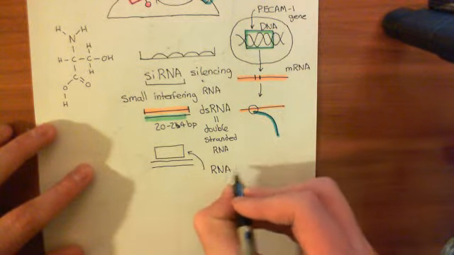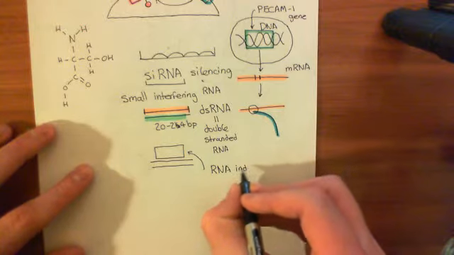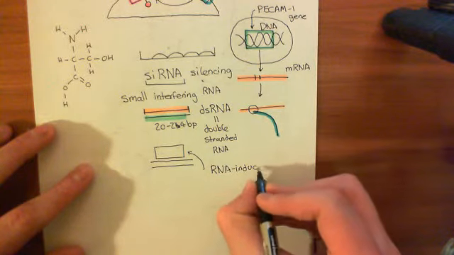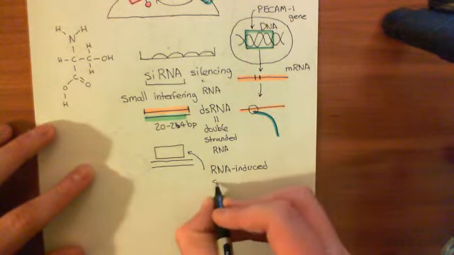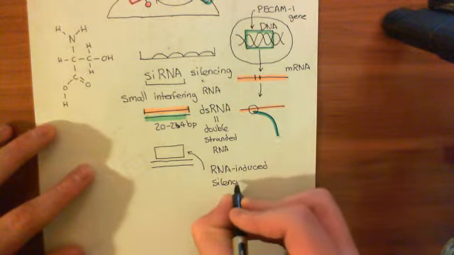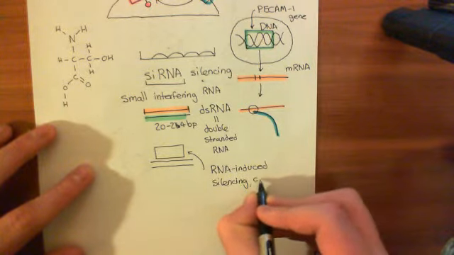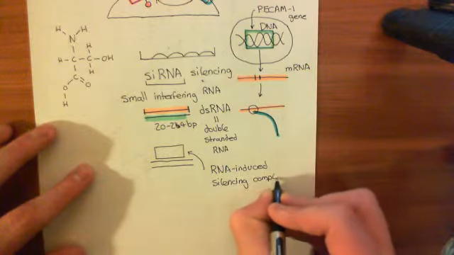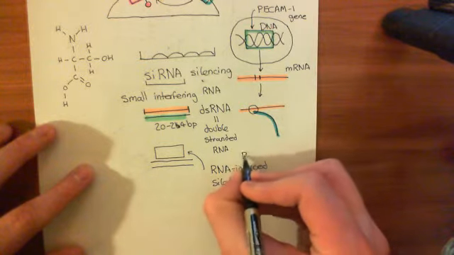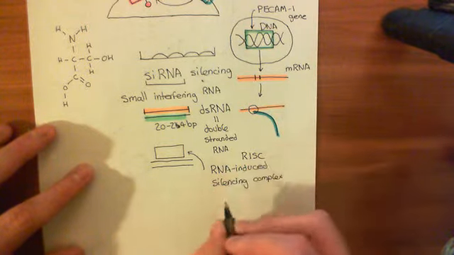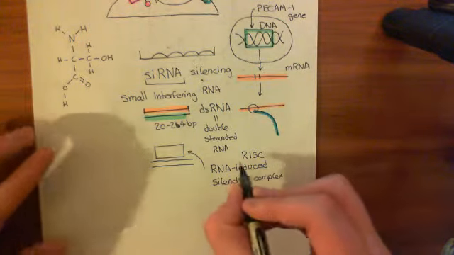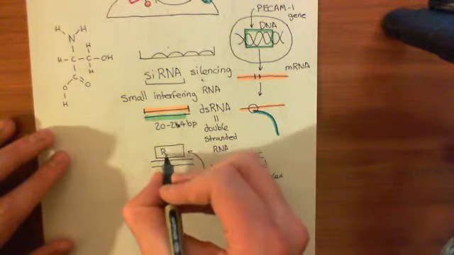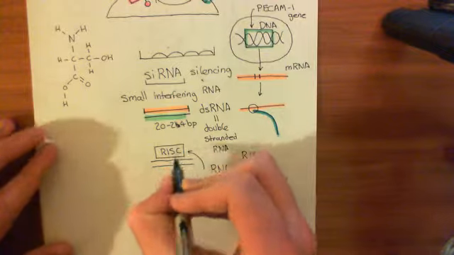It has a rather cool acronym. It's known as the RISC. So this is the RISC that has come and associated with our piece of small interfering RNA.